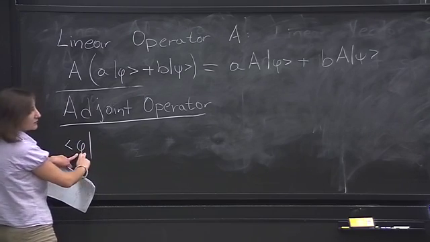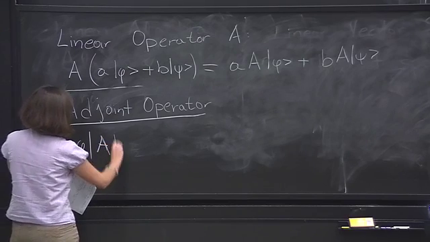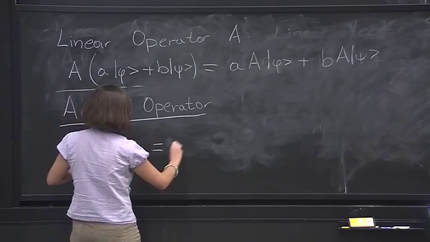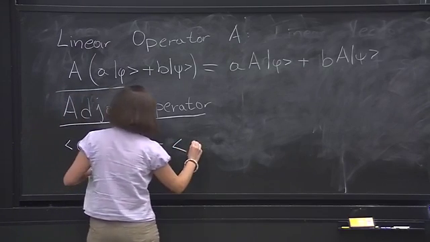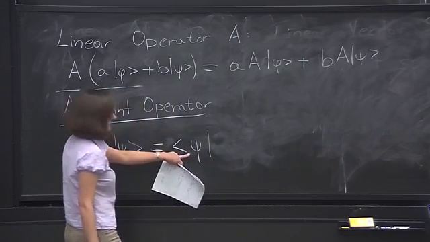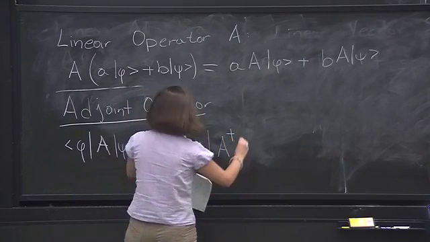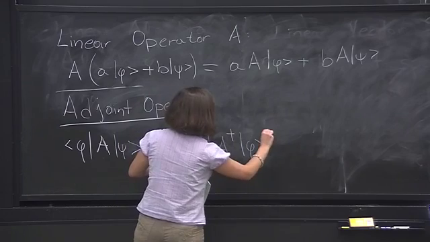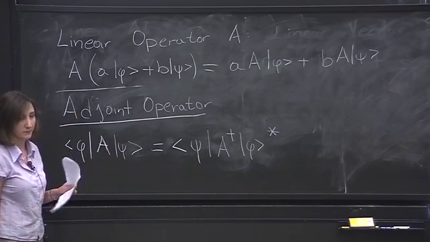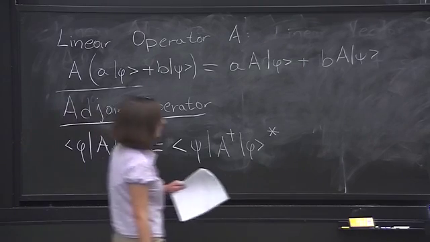If you take the scalar product between phi and the state A psi, A acting on psi, then this is equal to the scalar product of psi with the adjoint operator acting on phi, complex conjugated. This is the definition of the adjoint operator.